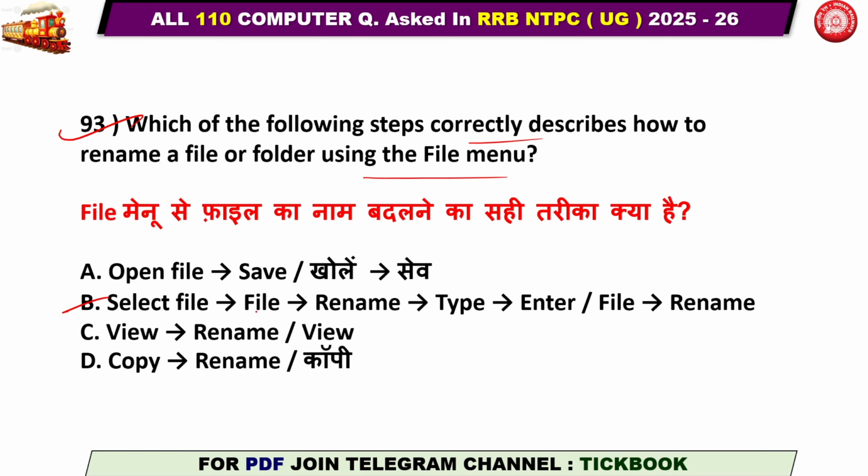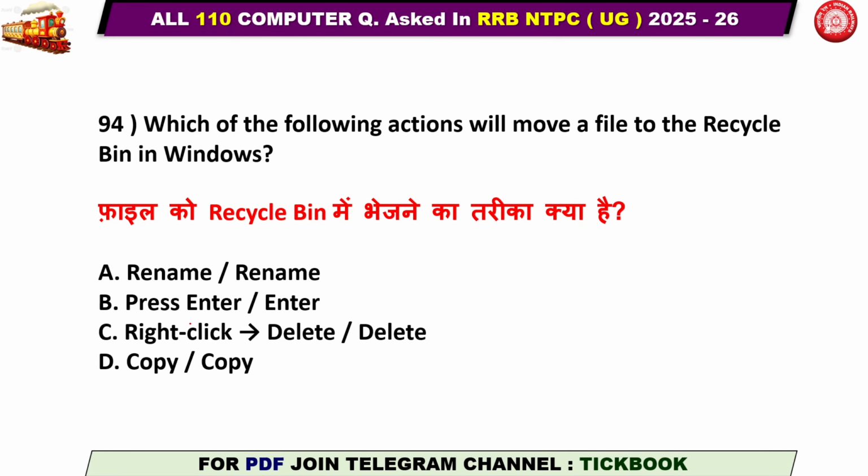Option number B, select file, then rename, then type and then enter. 94. Which of the following actions will move a file to the recycle bin in Windows? Option number C, right click, then delete.